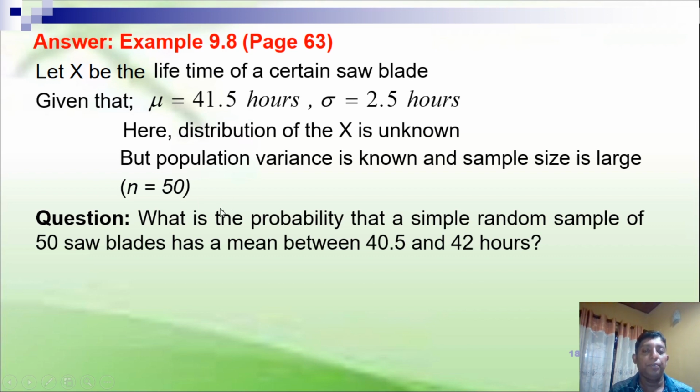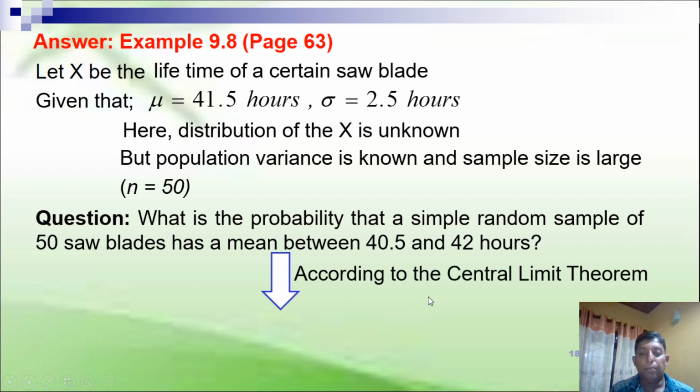Then see what the question asks: what is the probability that a simple random sample of 50 saw blades has a mean? It just asks about the mean value, so we need to identify the distribution of the mean lifetime of the saw blades. According to the given conditions, we can apply the central limit theorem, because even though we take a sample from a non-normally distributed population, the population variance is known and the sample size is large.